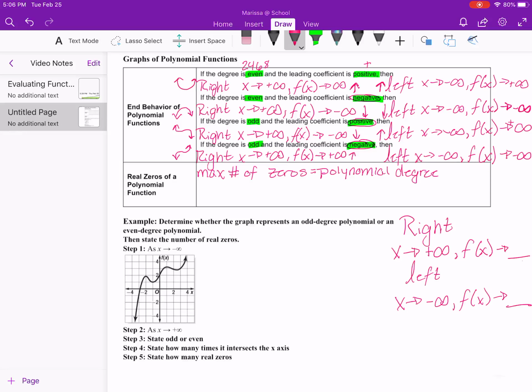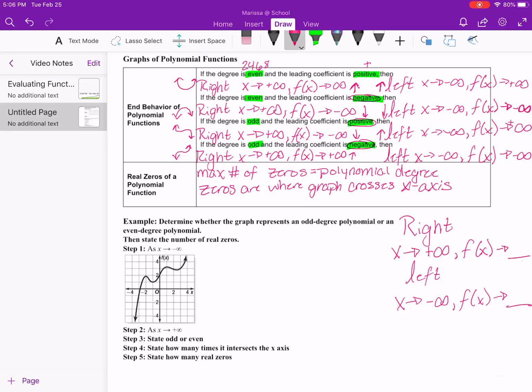So a zero on the function is where it crosses the x-axis. So zeros are where the graph crosses the x-axis.